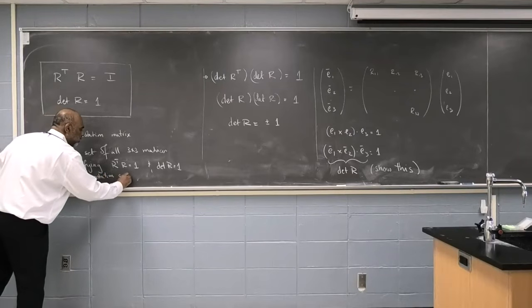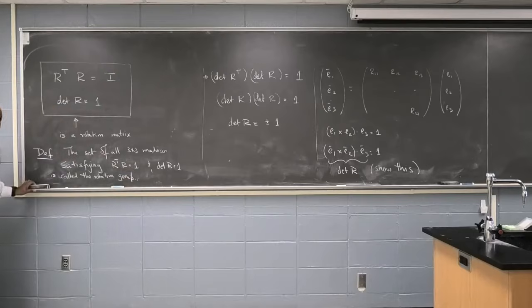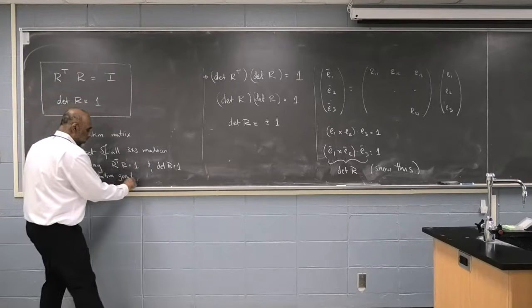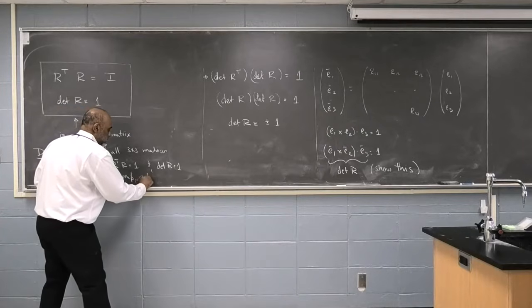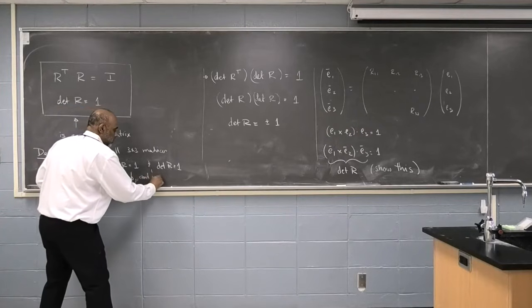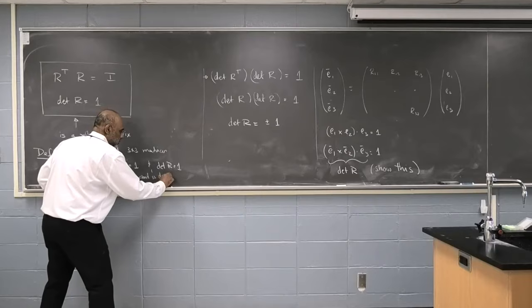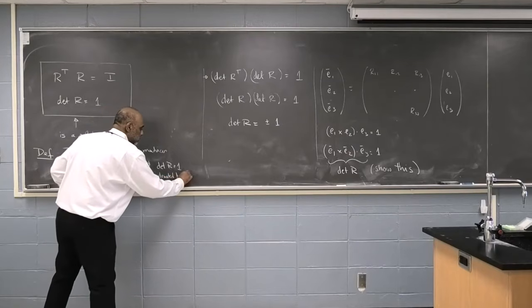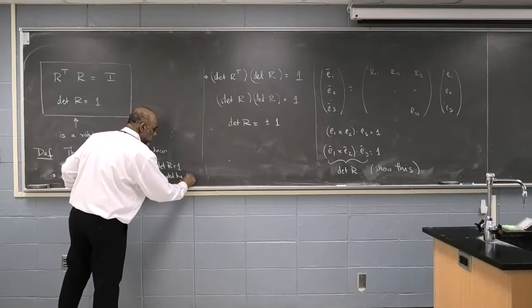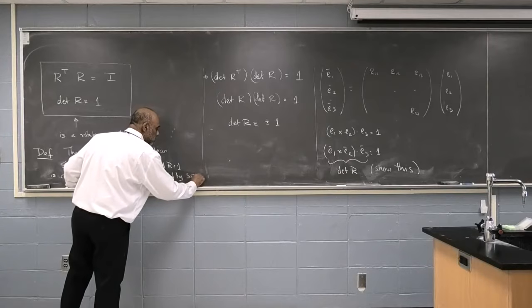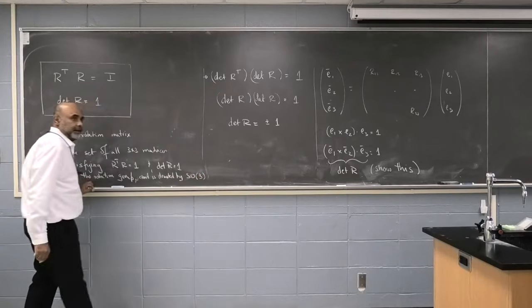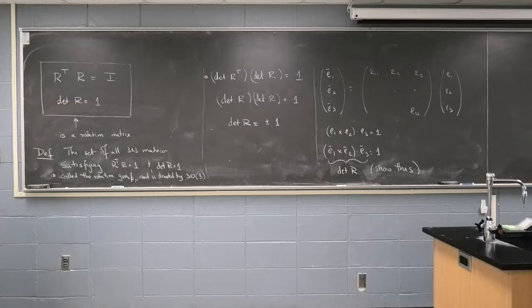We have to work a little hard to call it the rotation group, but for now we can call it anything we want. And it is denoted by the symbol uppercase S, uppercase O, 3. Do you mean that R transpose R is equal to 1, or? Identity.